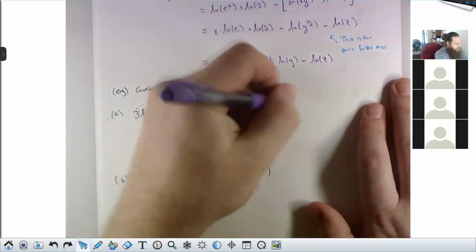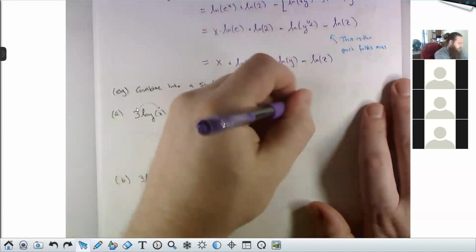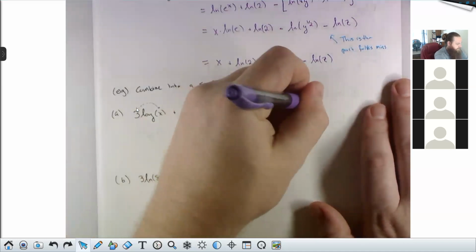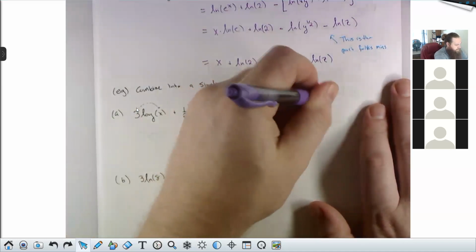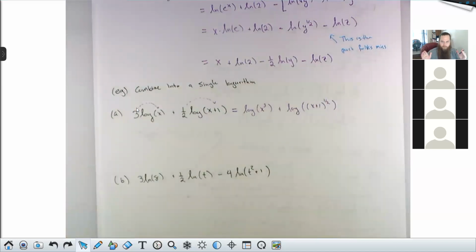The second guy is going to be the log of, and I would stack your parentheses here, parentheses, parentheses, x plus 1 to the 1/2. And it's the whole quantity x plus 1 being raised to the 1/2, not the individual terms.